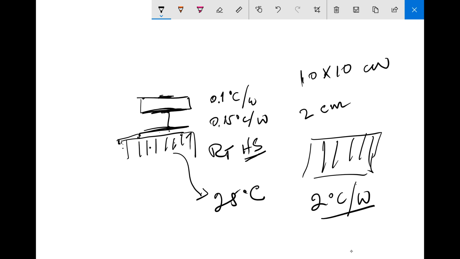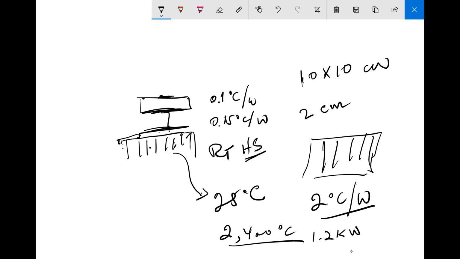Which means that with 1.2 kilowatts, the drop will be what? Unbelievable. 2400 degrees Celsius. Fantastic.